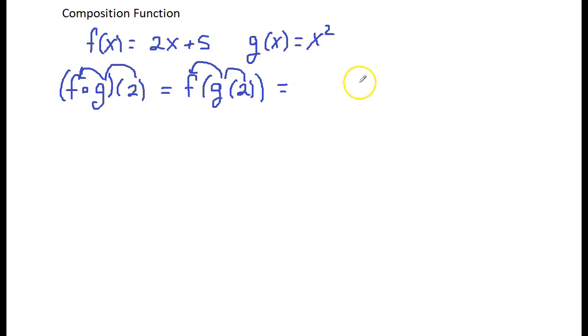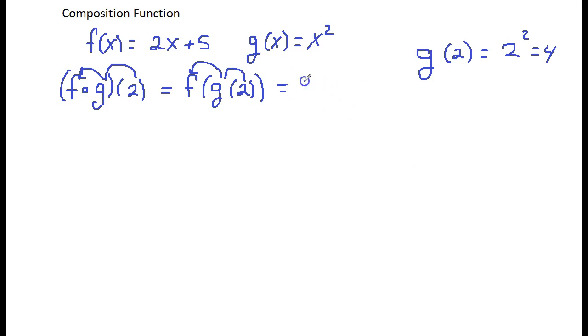So, actually off to the side, I'm just going to say g of 2 is, well, we plug 2 in, 2 squared. Well, 2 squared is 4. Okay, now we have to plug this 4 into function f.